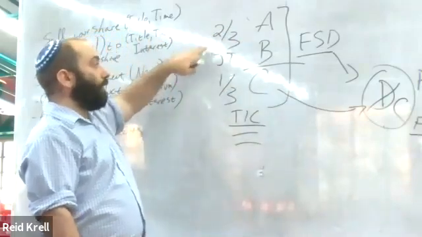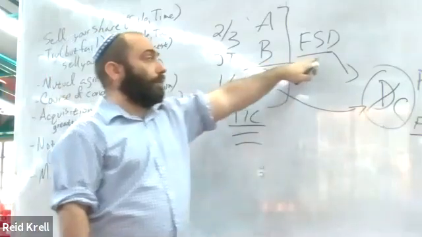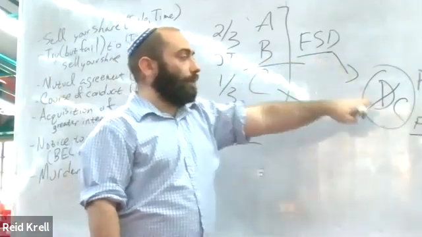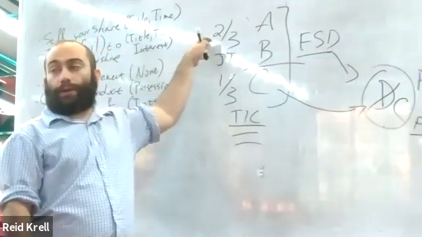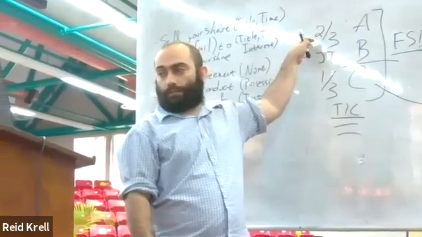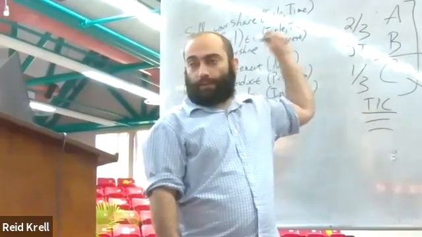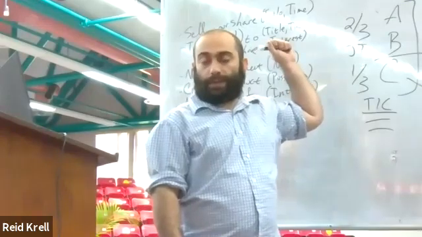A and B hold their 2/3 share as tenants in common, fee simple determinable, and C holds the possibility of reverter for their 2/3 share. Okay? Does this make sense?